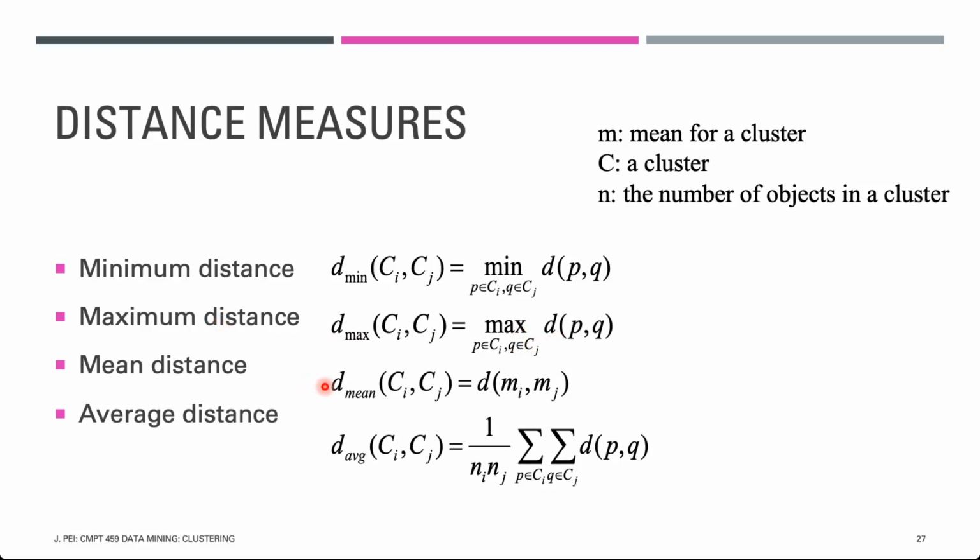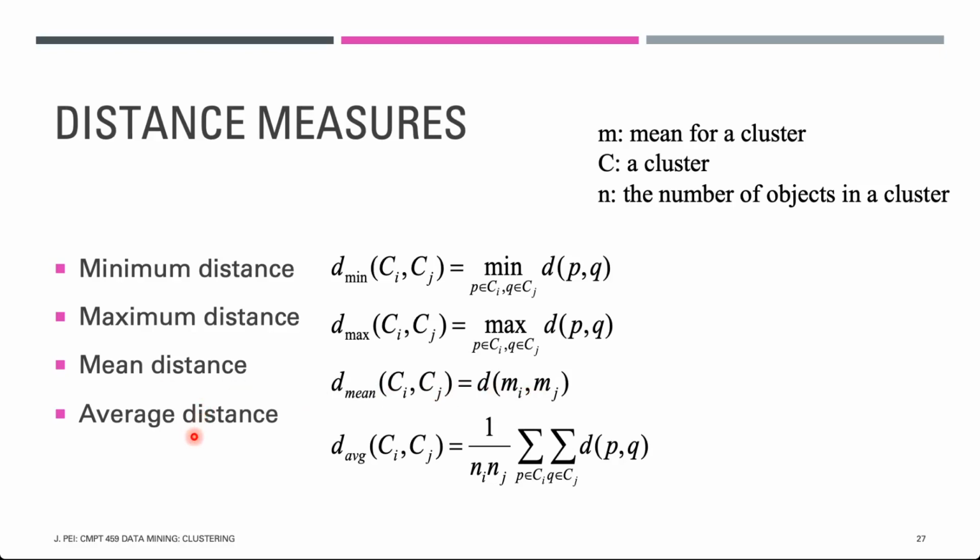Or we can do the mean distance, which means we calculate the mean of Ci and the mean of Cj, and then we use the distance between their means as their distance.